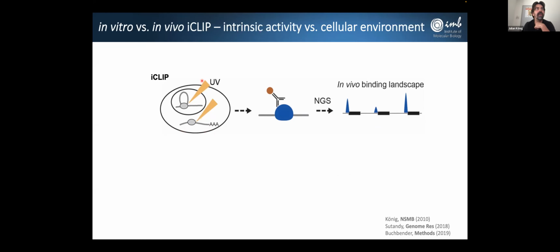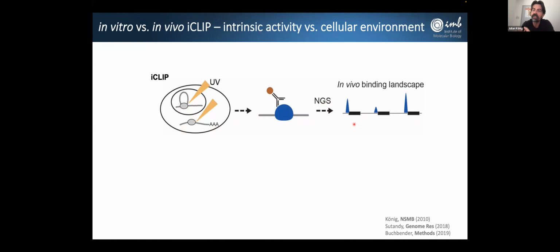What we do is we have living cells, we cross-link protein to RNA with UV, and then we purify the protein of interest together with the RNA with an antibody. Then with the help of next generation sequencing, we make libraries of these RNAs and sequence them. And analysis of this data provides us with the in vivo binding landscape.